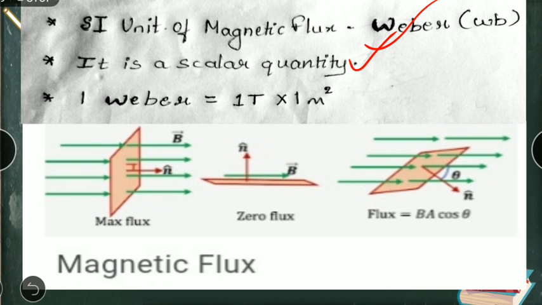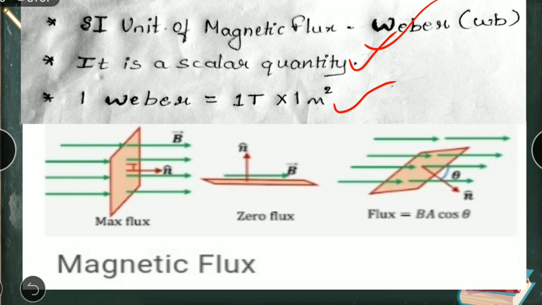We can also express magnetic flux in terms of Tesla and meter square. 1 Weber is equal to 1 Tesla into 1 meter square.